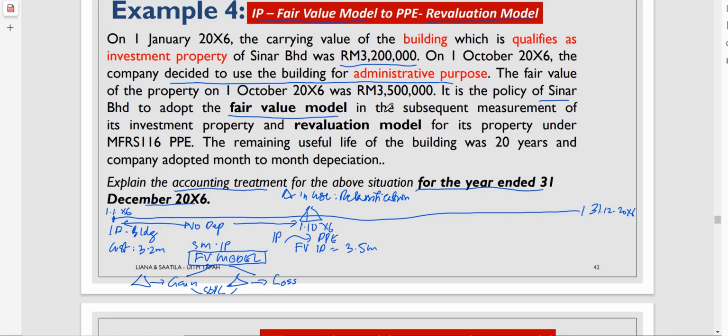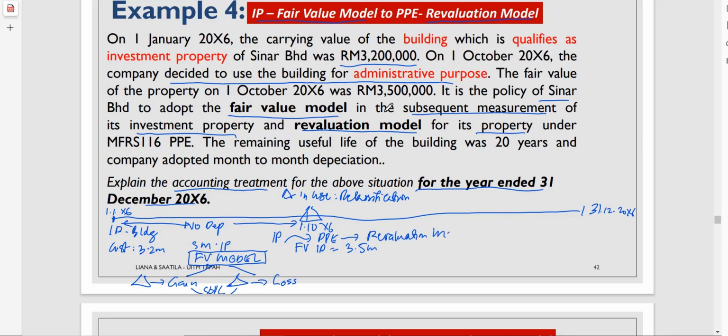So for the transfer here, the fair value of the IP is 3.5. If you can still recall, for the subsequent measurement, there is one more piece of information for the IP and also information for the revaluation model that was for PPE. So now it becomes PPE. Under PPE, it adopts the revaluation model.